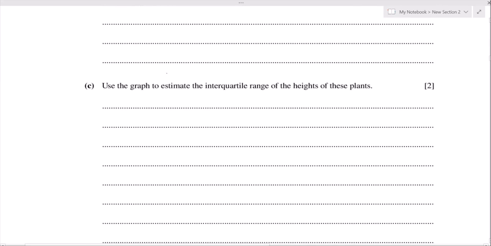Now for the third question, we need to use the graph to estimate the interquartile range of the heights of these plants. We know that the interquartile range is just the upper quartile Q3 minus the lower quartile Q1. If we draw a line to represent all of the data, the lowest point is going to be the smallest value, the highest point is going to be the largest value, and in between there's going to be the median, that's Q2.